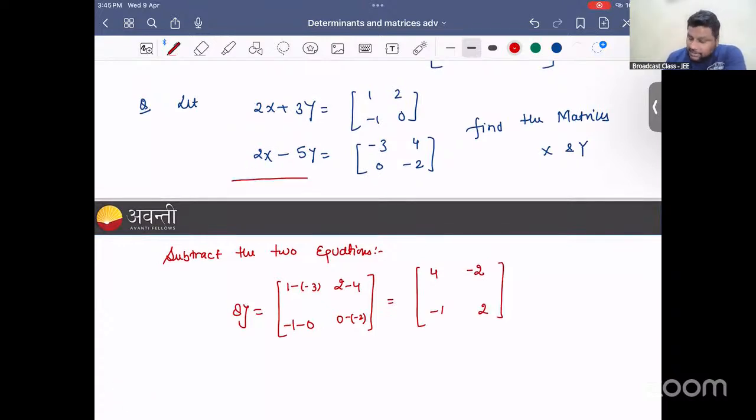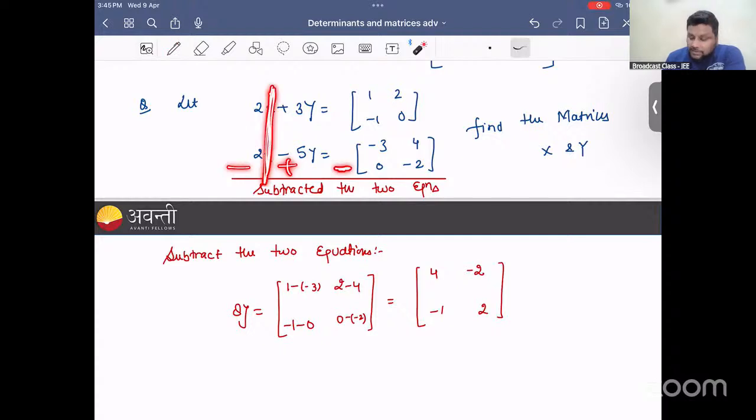I'll explain again. What you need to do is subtract the two equations. So if you subtract these two, these terms will cancel out. What do you get? 3y plus 5y, it will become 8y is equal to 1 plus 3, 4; 2 minus 4, minus 2; 1 minus 0, 1; 0 minus minus 2 is 2.